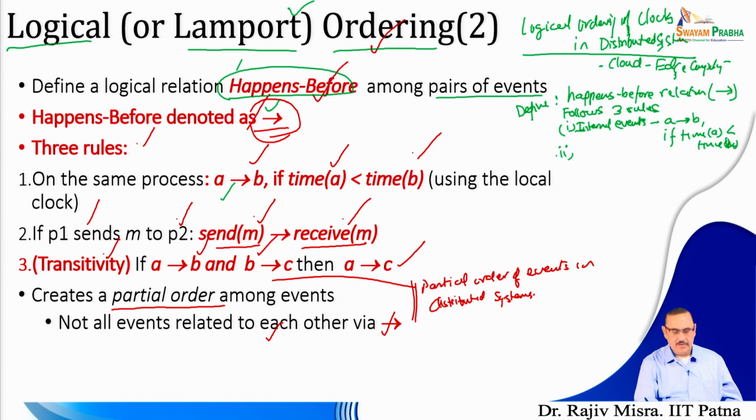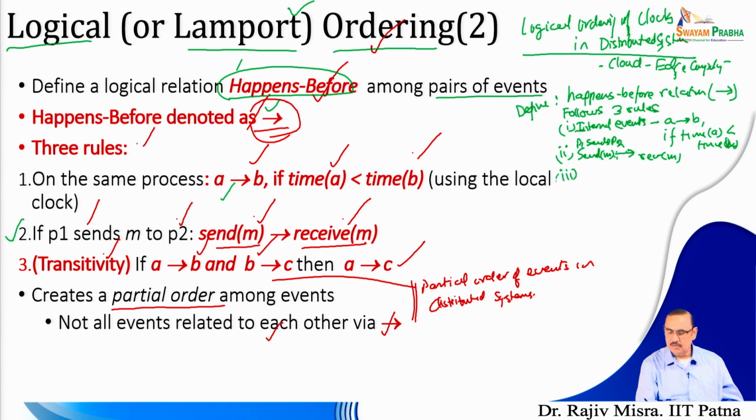The second type of event is called send of a message event. So, if P1 sends a message to P2, the send event happens before the receive of that particular message.